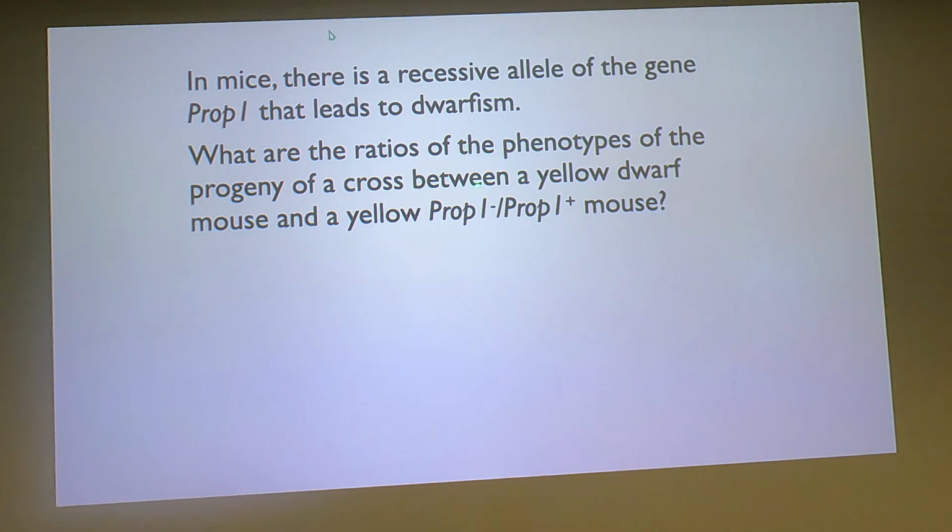What is the genotype of this cross? If you had to write it out in notation somewhere, just the genotypes of the parents. What are the genotypes of the parents? So for instance, this one here, the yellow dwarf mouse, what is its genotype going to be?